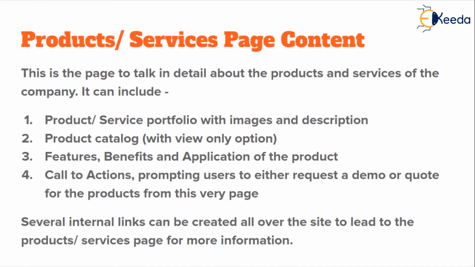The website is just for information, and you want to negotiate with each and every customer on a one-off basis, and therefore you provide information about your products, but you don't allow them to buy, or you don't give them pricing information perhaps. Then you can include features, benefits, and application of the product in detail in these pages, especially if you have separate product specific pages. So each page can have this kind of information.